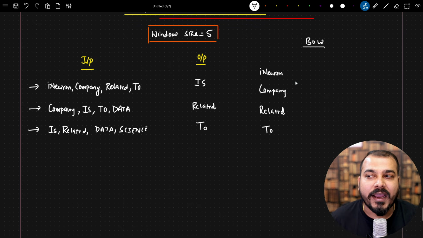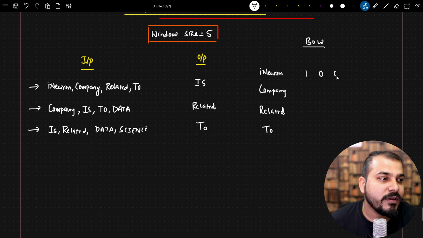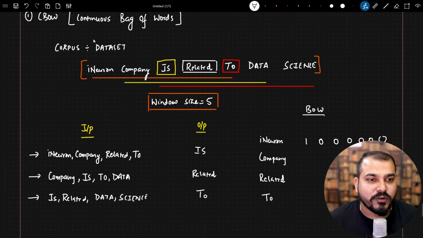Now wherever I have I neuron, I'm just going to make it 1 initially, and there will be 6 zeros. 1, 2, 3, 4, 5, 6 zeros, right? So with respect to this entire vocabulary, wherever I have I neuron, that will be represented as 1, 0, 0, 0, 0, because the remaining elements will be 0.